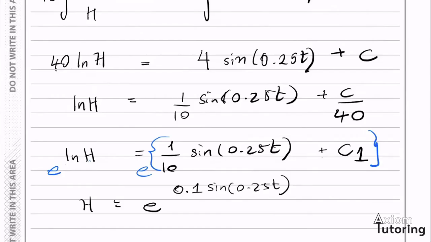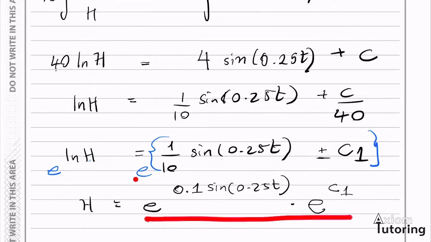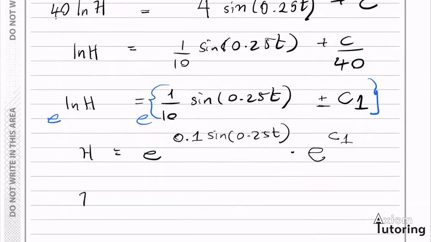Now, if we add the exponents, that means we're multiplying by the same base raised to that constant. So this is the equivalent of this. And so we can write h equals e to the 0.1 sine of 0.25t times e to the power of c1.